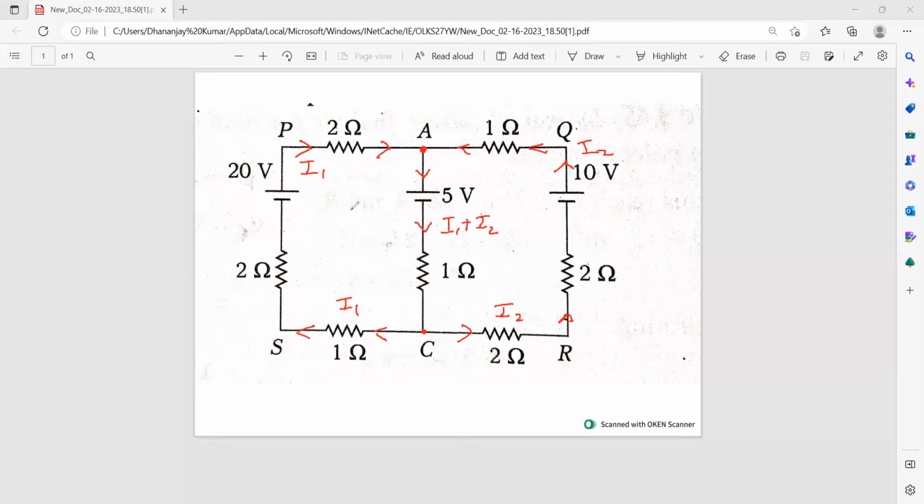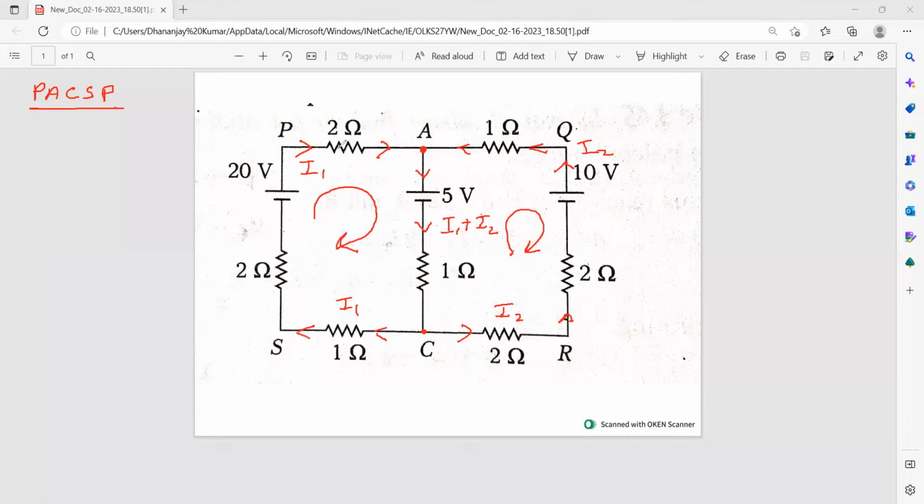Now let us apply Kirchhoff's loop law. First take this loop, taking the loop PACS.